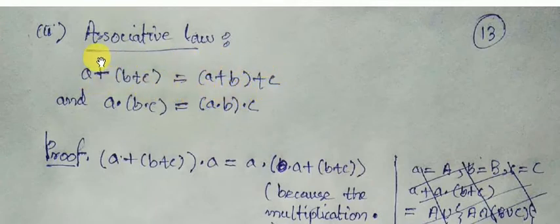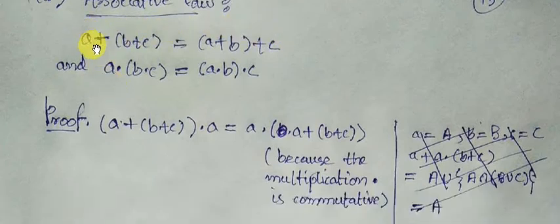So if we can prove any one of these two, then the remaining proposition will hold good due to the duality principle of Boolean algebra. Let us now see the proof of the first one, that means the associativity property of addition.